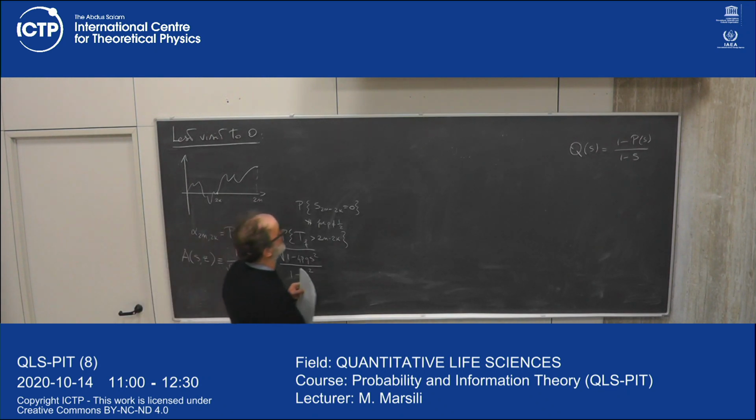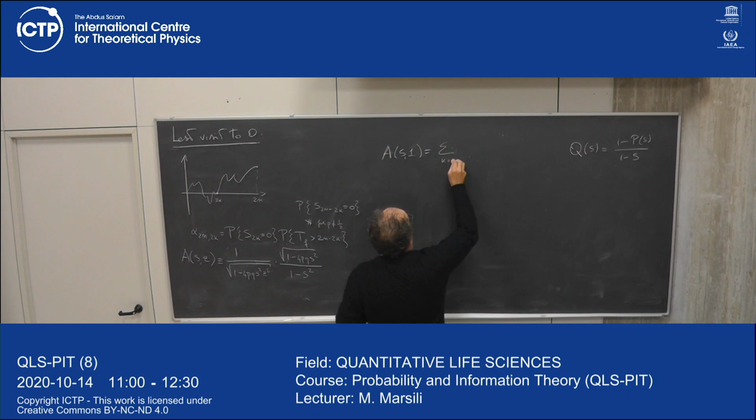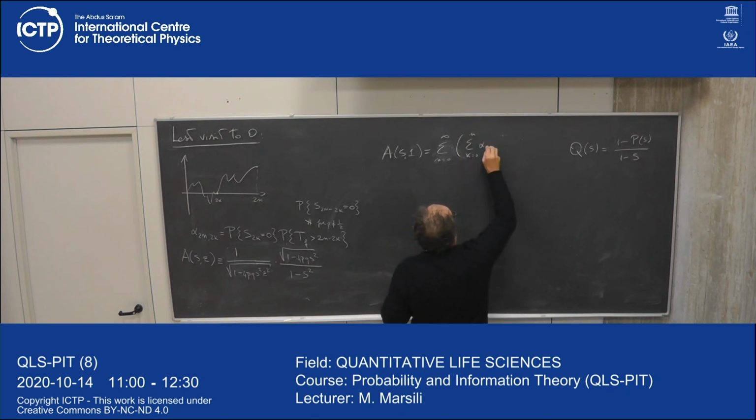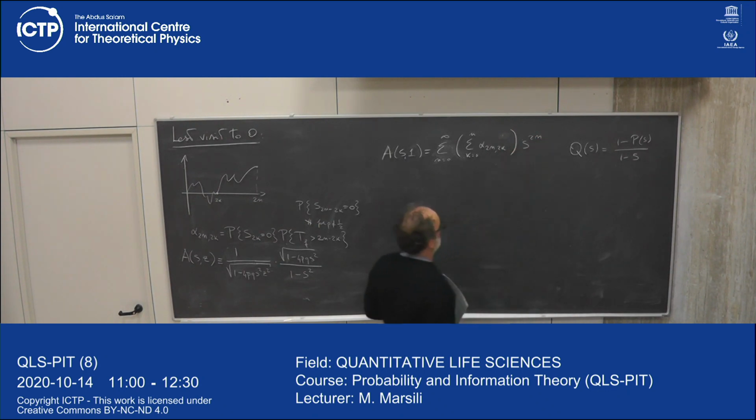Because A of s and 1 is equal to the sum over n from 0 to infinity of the sum over k from 0 to n of alpha n k times s to the 2n.